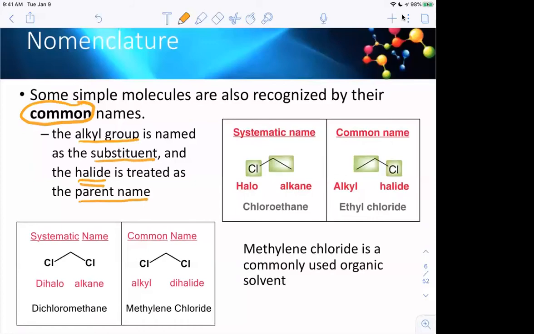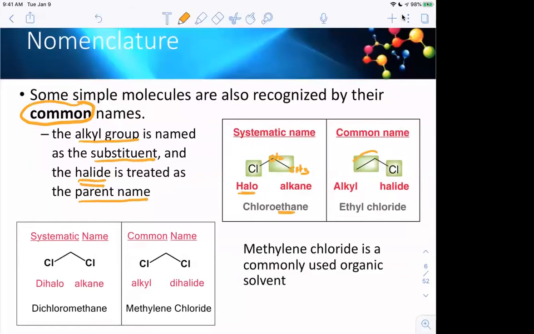If I look at this molecule, which I have CH2, CH3, here's my halogen, which is a chloro, and then I have that 2-carbon parent. So this would be called chloroethane. I don't need a number because both of those carbons are equivalent.